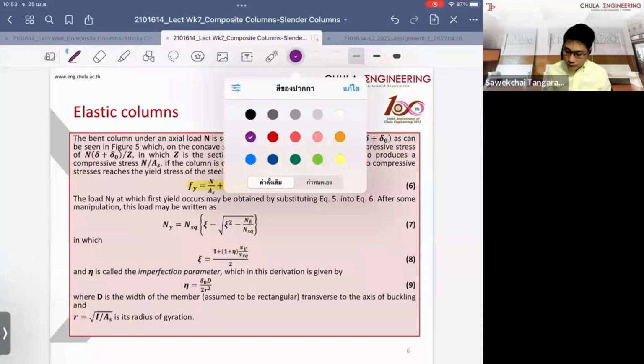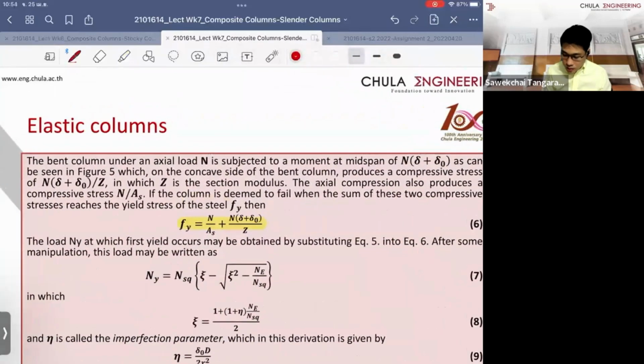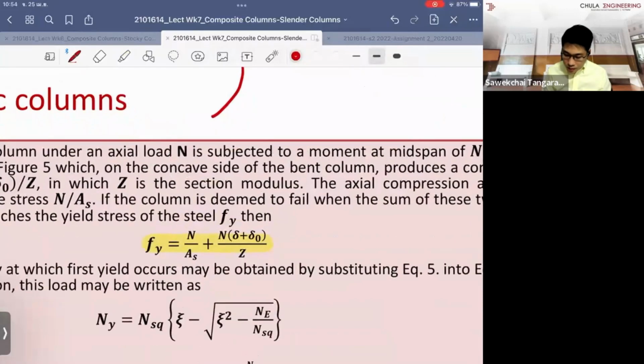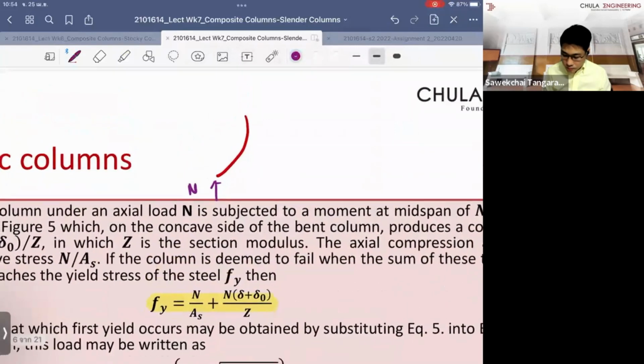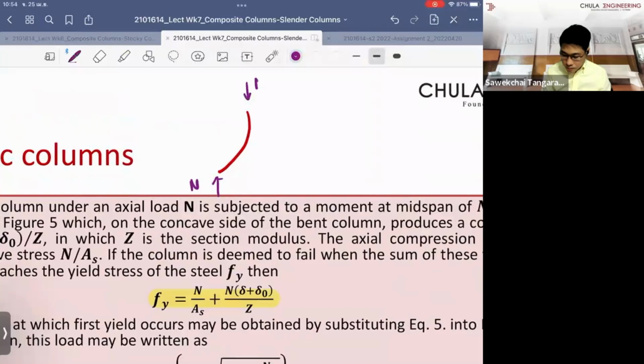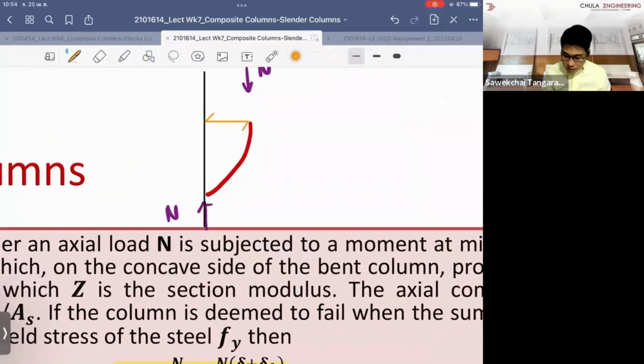Remember that if we have a column subject to geometric buckling, we have this diagram before, and we have the eccentricities, which is eta naught plus eta.